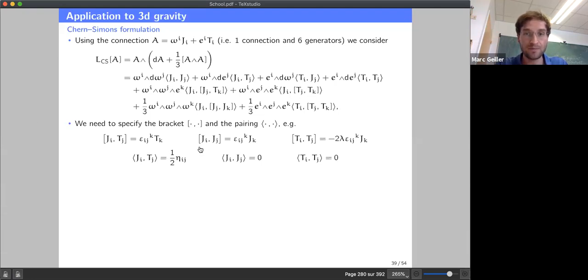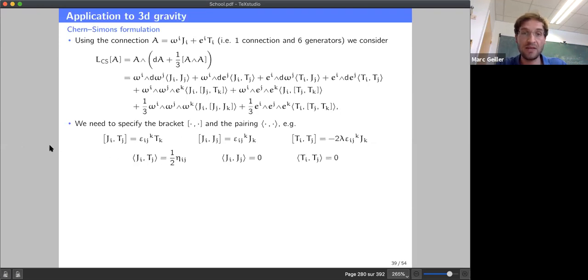So for example, as an illustration, to give a meaning to this Chern-Simons Lagrangian and to see what it actually is, we have to specify the meaning of this bracket and of this pairing between the generators.